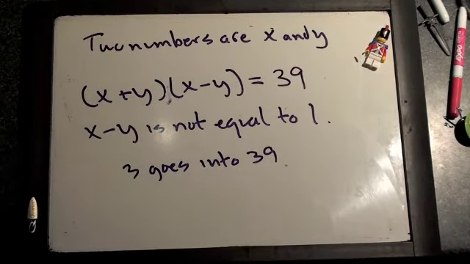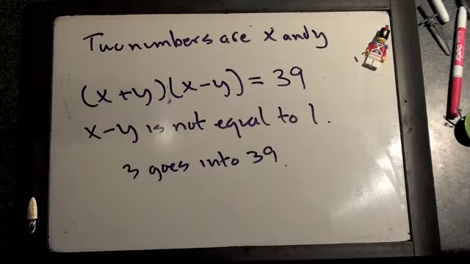Does 4? No, because 4 goes into 36, and the next multiple of 4 is 40. Does 5 go into 39? No, because it goes into 40 and 35.